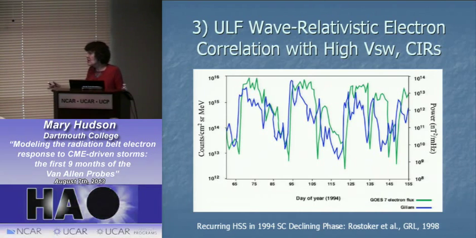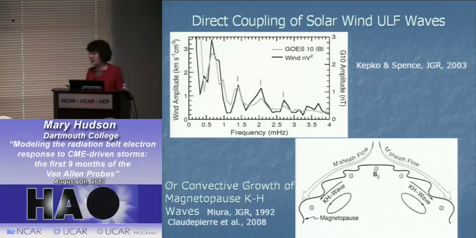And so what is causing this rise in ULF wave power in this case, not a CME shock, but a high-speed stream? How do you go about exciting ULF waves in the magnetosphere in this case? There are a couple of mechanisms that have been published in the literature.